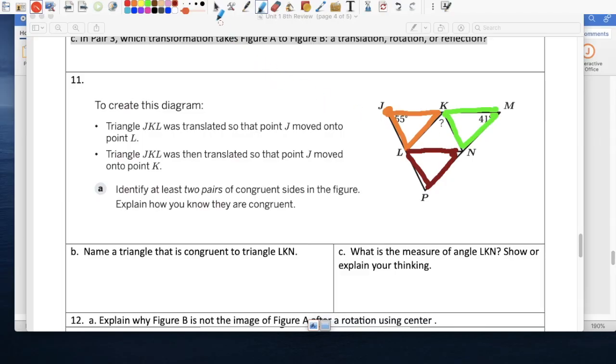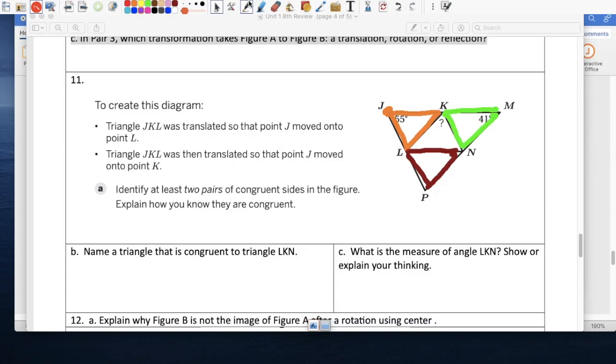Okay. Identify at least two pair of congruent sides in the figure. Explain how you know they're congruent. They're congruent because it was moved through translations, and translations are what? Rigid transformations. They keep the same size, same side length, same angles.